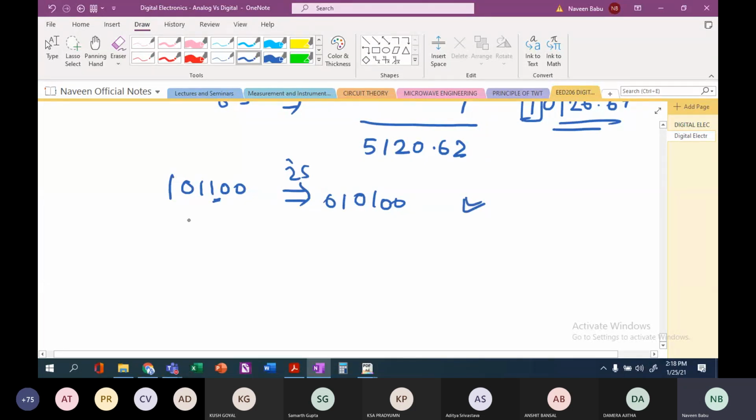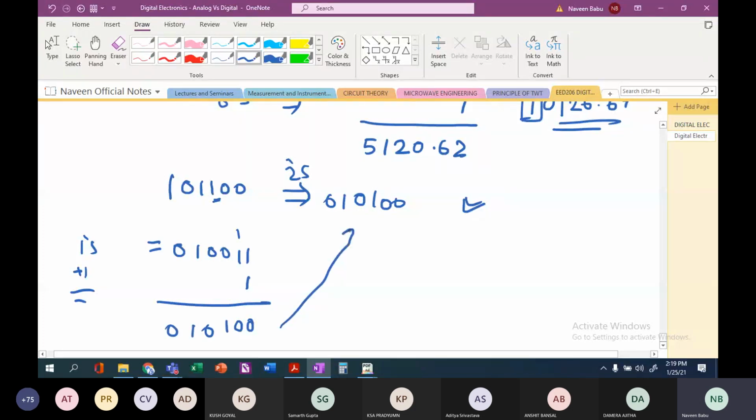Now let us do the normal method. What is the normal method? For 2's complement, I have always said take the 1's complement and then add 1. Let us take the 1's complement. What is the 1's complement of this? This is going to be 0, 1, 1. That is the 1's complement, and I add 1 to it. 1 plus 1 is 0, carry 1. 1 plus 1 is 0, carry 1, 0, 1, 0.